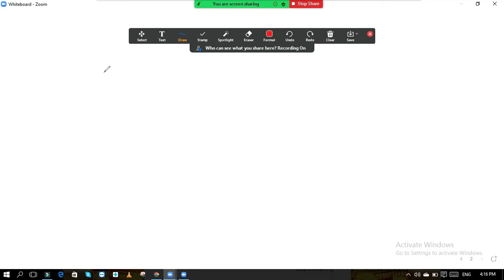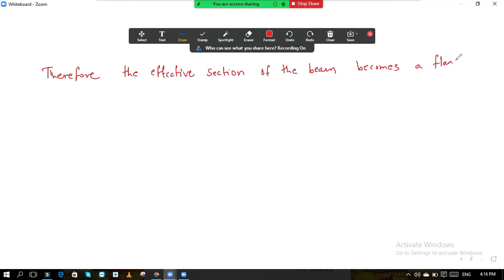Okay, so therefore the effective section of the beam becomes a flanged section, having T or L shape.